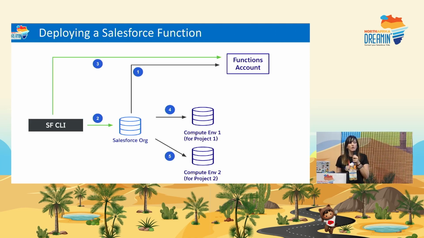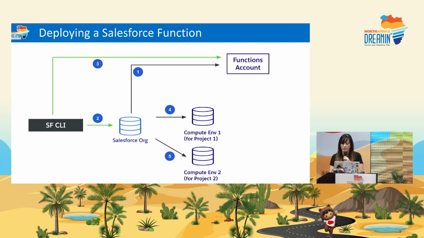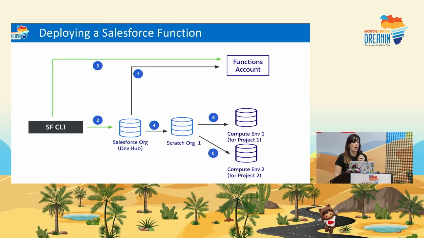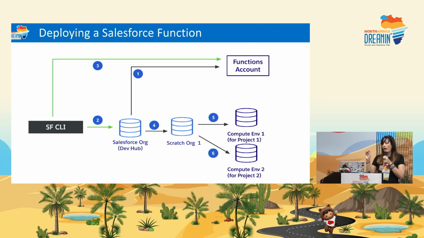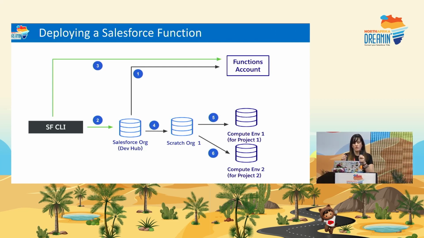You don't have to deploy them to the same compute environment. You can have different compute environments by project and by Salesforce org. If you are working with scratch orgs, it's exactly the same. The only difference is that you attach your compute environments to your scratch orgs. And this is something that you can include in your CI, because the creation of the compute environment and so on is something that you do with the Salesforce CLI.